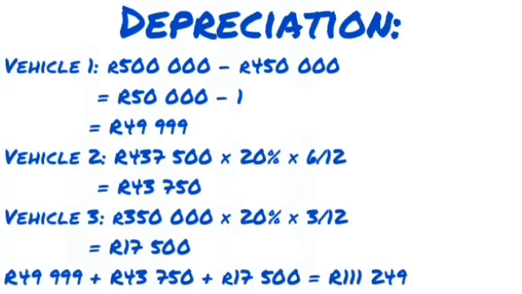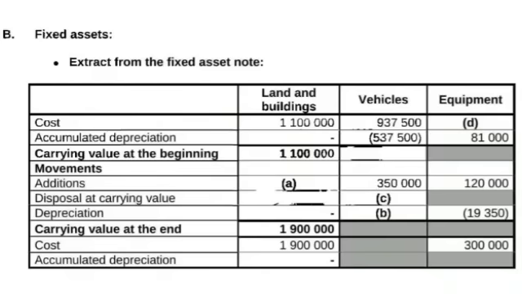Vehicle 3, we were told in the information, was purchased in December, so we take its cost, multiply it by 20%, December to our month end in February, that's 3 months, so that gives us a depreciation of 17,500, and then you add together the depreciations of all of these vehicles, and in the end our depreciation for B is 111,249.